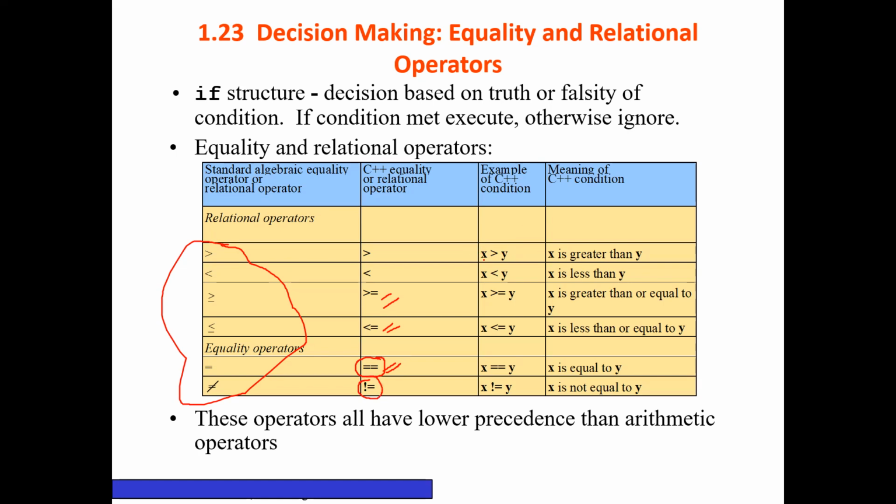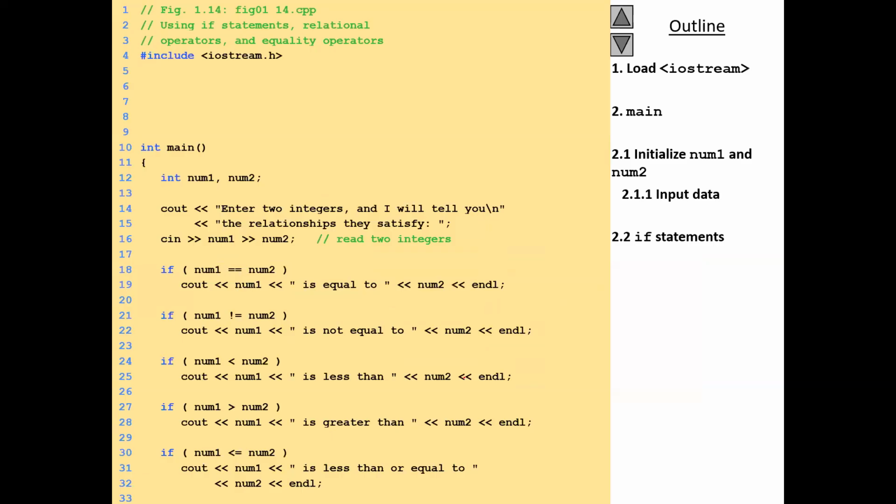Suppose you have two variables, x and y: x greater than y, x less than y, x greater than or equal to y, x less than or equal to y, x equal to y, x not equal to y. So you can use these relational operations for making decisions in C++ programs.